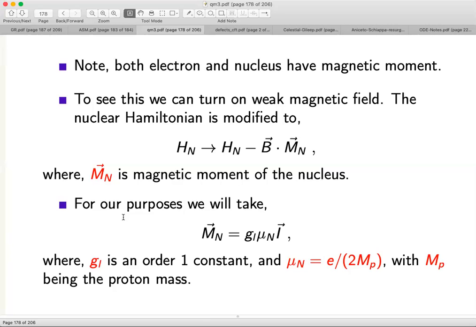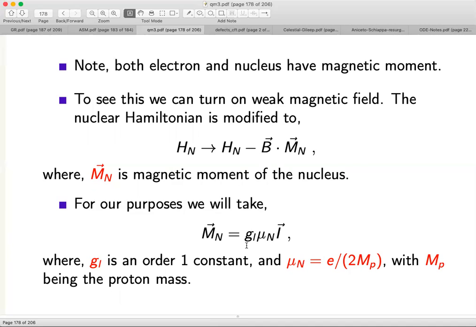So what we'll do is we'll write the nuclear magnetic moment in terms of the proton magnetic moment, which is e upon 2mp, where mp is the proton mass, times the nuclear angular momentum, times a factor gL.